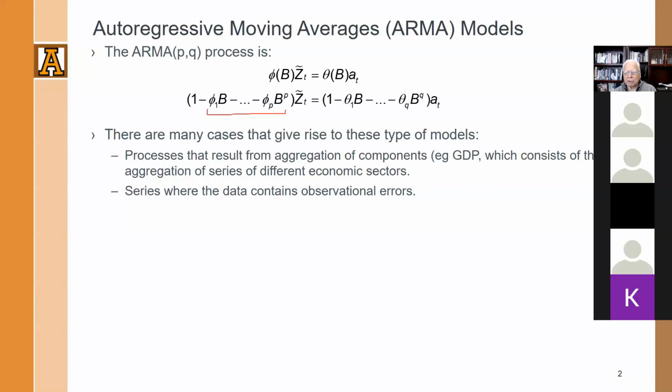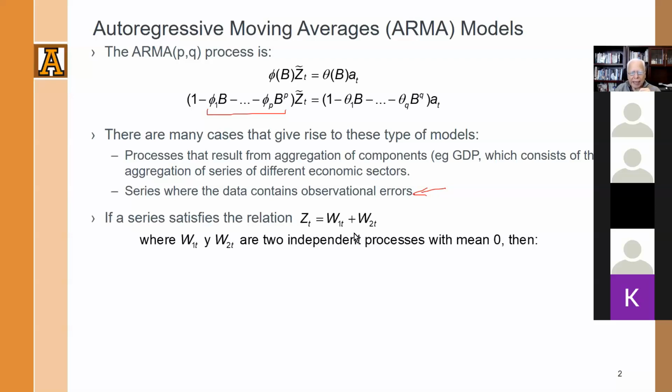There's always a random error that fluctuates around, but this in particular refers to series that arise with observational errors. For example, in a manufacturing process where we are measuring the diameter of some pistons coming out of the process, and those measurements are subject to errors. So those cases normally give rise to autoregressive moving average models also.